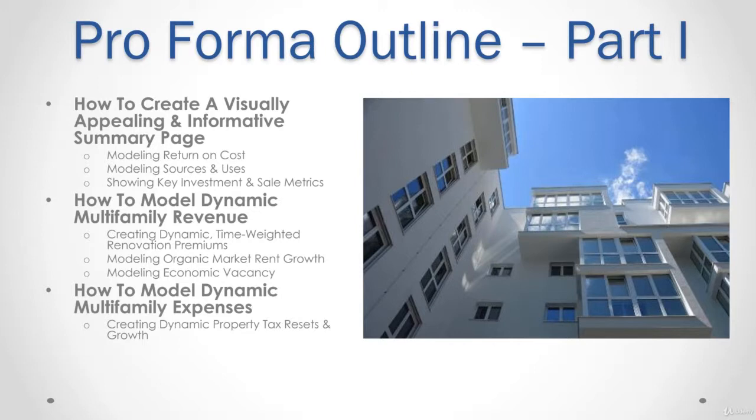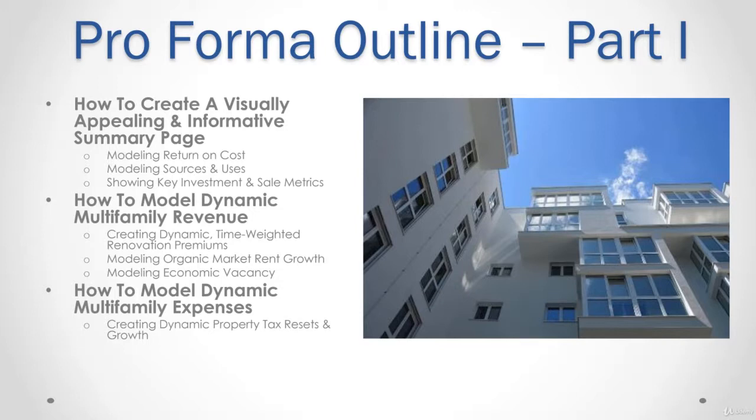So the rental rates for each different unit type. Then we're going to be able to add in renovation premiums. So if we want to renovate units and we want to show what that post-renovation rent is going to look like, we are going to be able to build that in this model.